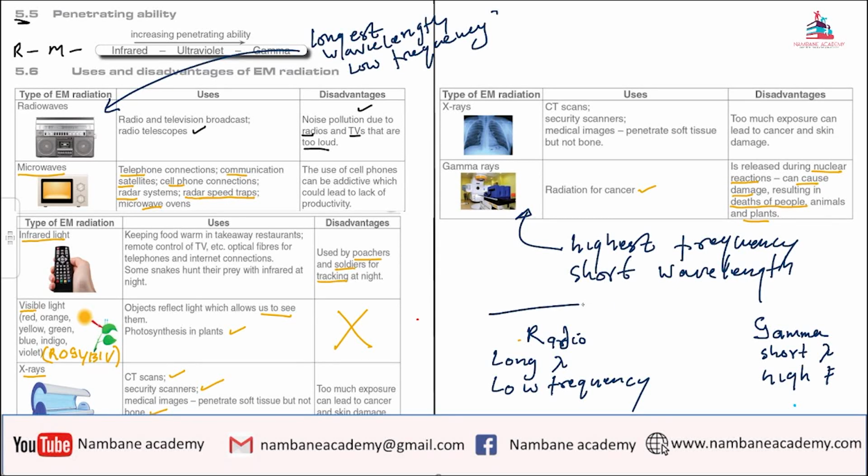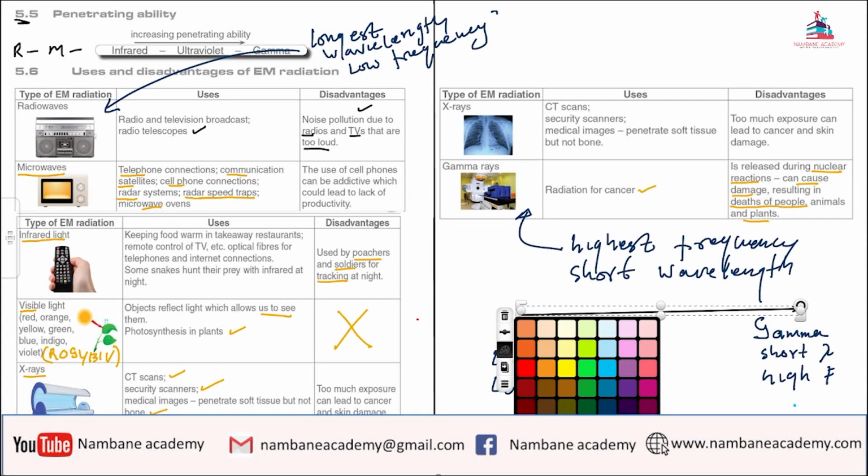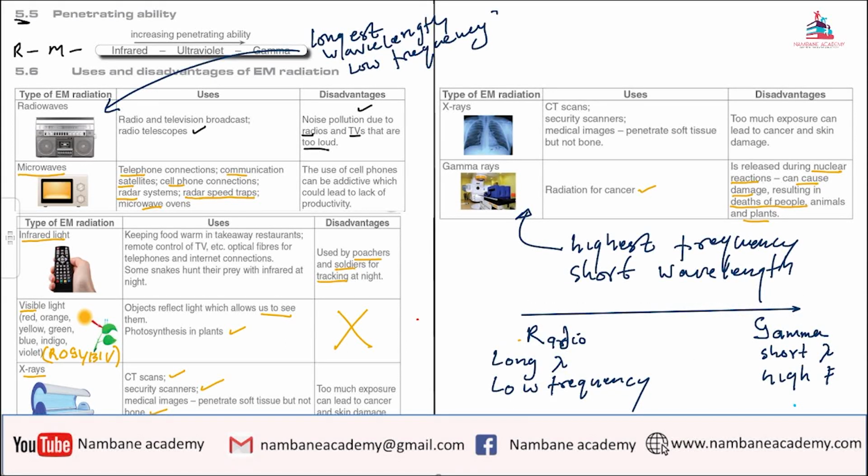That is when you move in this particular direction. Let me take a nice arrow to explain that. That is what happens when we refer to the wavelength as well as the frequency.